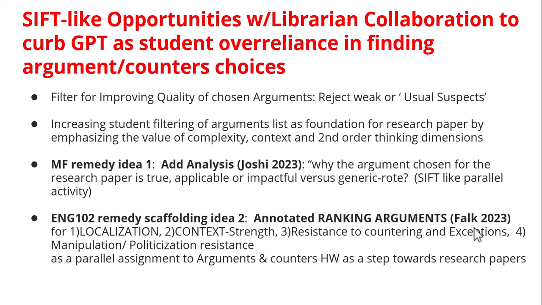I'm looking forward to figuring out how to increase student filtering of arguments as a foundation for the research paper, with emphasis on complexity, context, and second-order thinking dimensions. And this is actually something related to what's being done for GPT functionality with regards to argument search engines based on applied AI and AI learning.